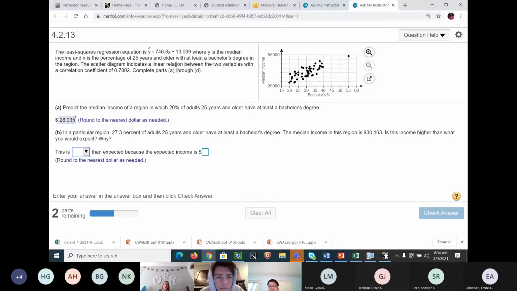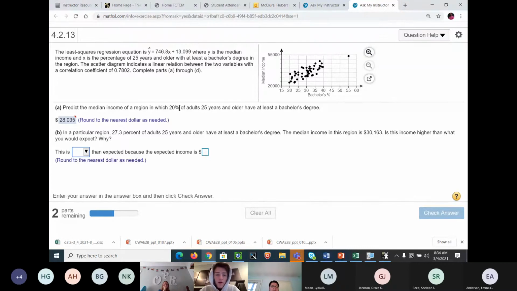All right, I'm going to try one other thing. Predict the median income for 20%. So I'm going to put 746.8 times 0.2 plus 13.099.